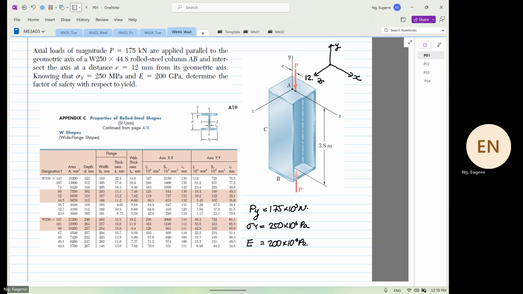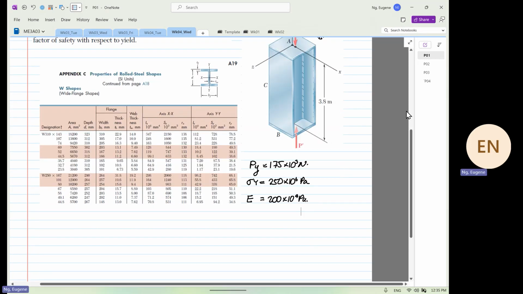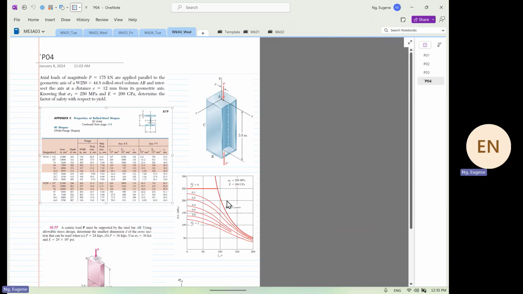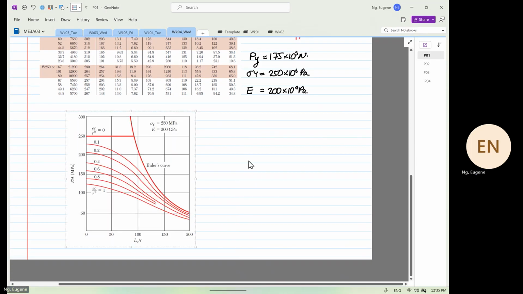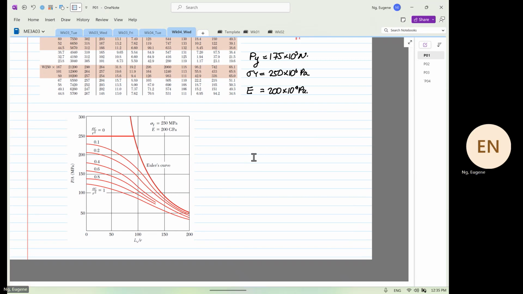Okay. Now, a question like this, if it's accompanied by a table or a graph like this, okay. So I want to introduce you to this graph and where this graph is formed.